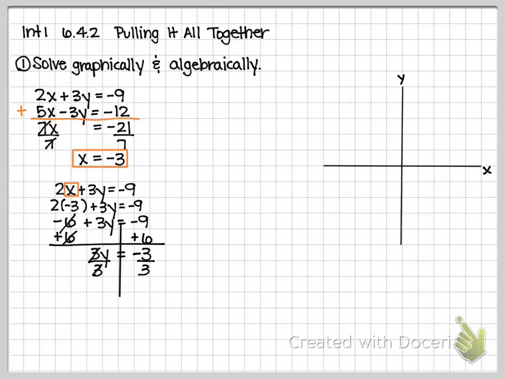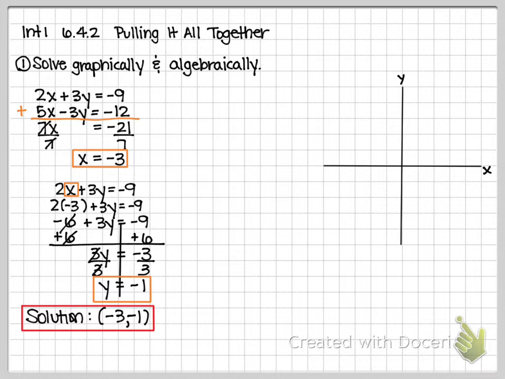I know 3 divided by 3 is just 1. That's good. So it looks like y is equal to negative 1. And let's write our solution. It is not a word problem, so we do not have to write it in words. So we're just going to go through and write it as a point. Remember, alphabetic order. X, then y. Okay, there's my answer.